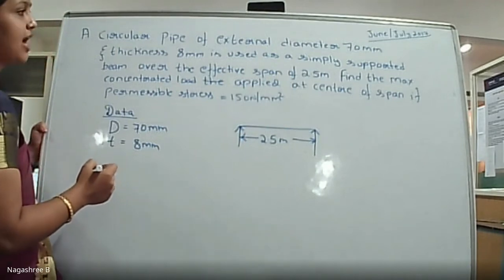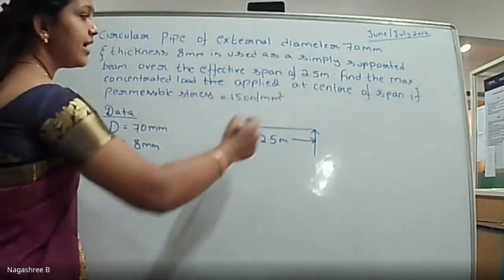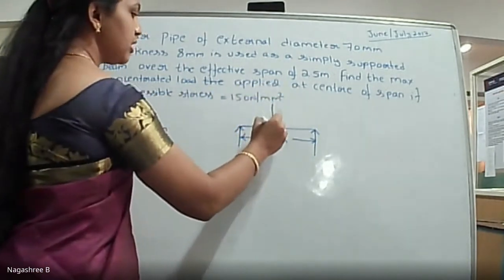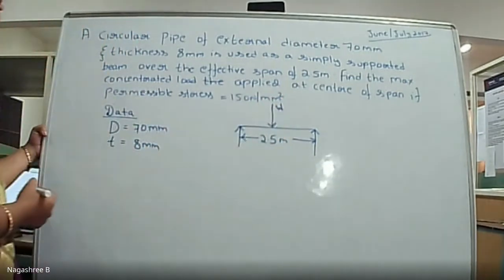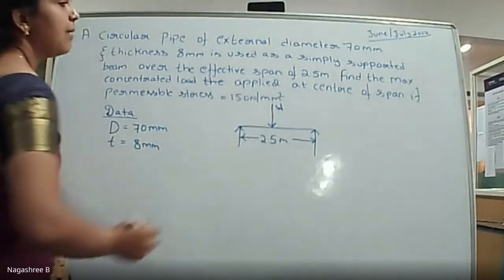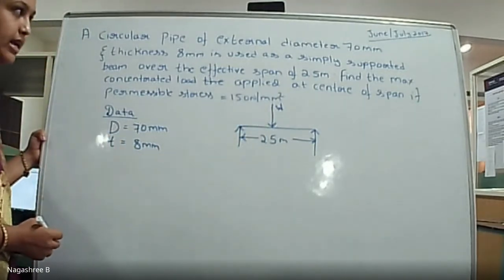You need to calculate the maximum concentrated load applied at the center of the beam, that is, the value of W. W is the concentrated load applied exactly at the center.